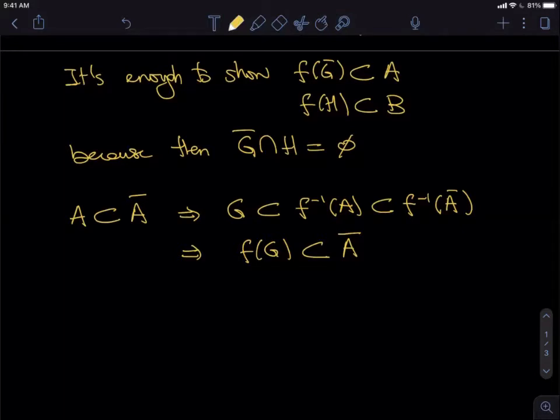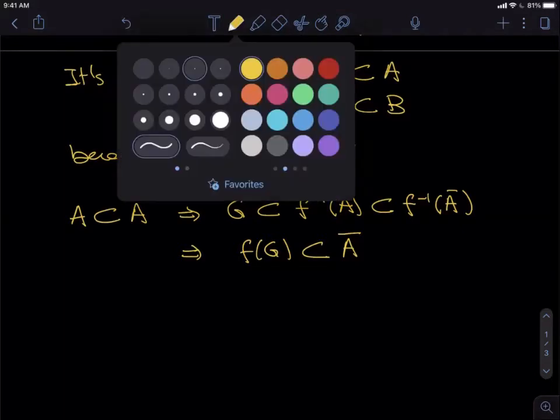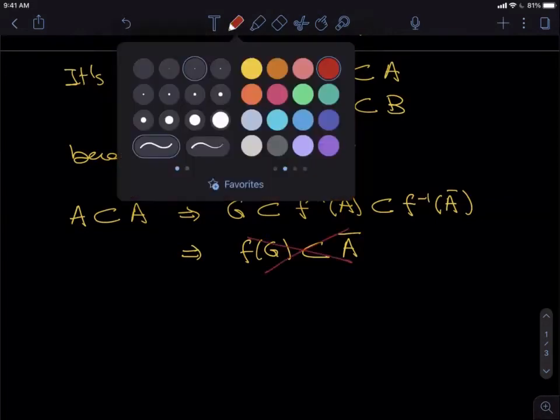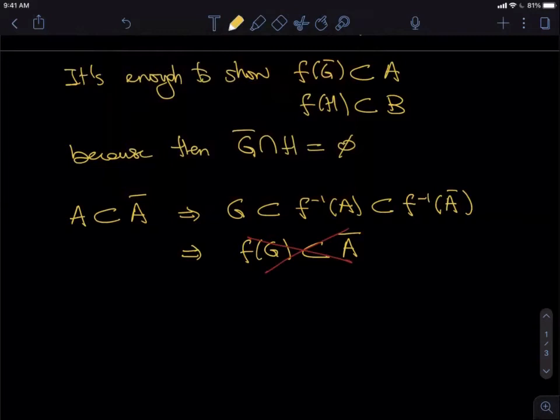Actually, it's quite easy, so let's cross this last idea and just make a remark: because f is continuous and the closure of A is closed, that means the preimage of the closure is closed.